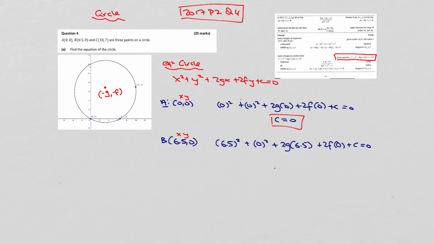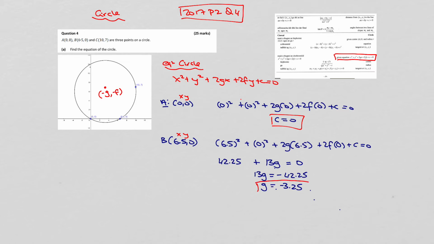And we have 6.5 squared is 42.25. And 2 times 6.5 is 13g. And of course c we know is 0. So therefore that leaves us with 13g equals minus 42.25. And therefore g is equal to minus 3.25.